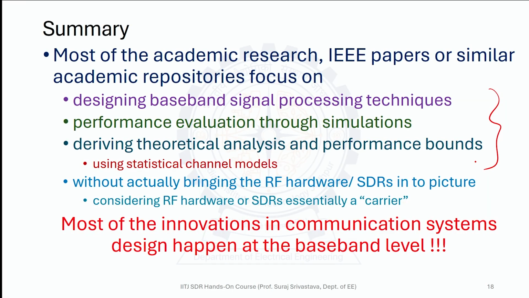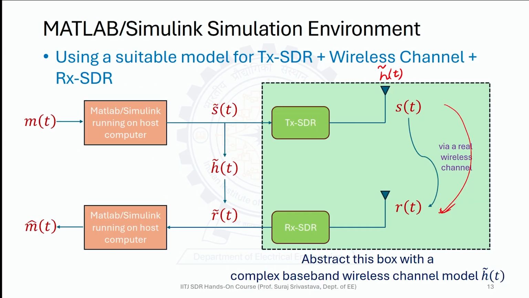And one last thing is that most of the innovations in the communication systems design happen at the baseband level, and that is why we have to very clearly understand this S tilde T. This S tilde T is the complex baseband signal which is generated using MATLAB Simulink.